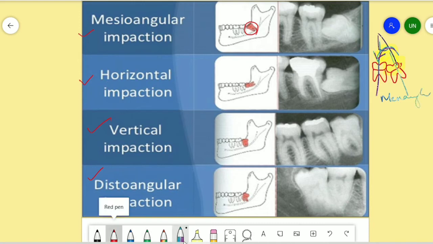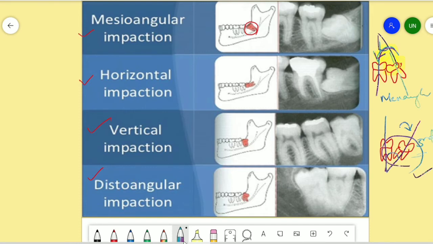Same thing: this is the second molar and this is your third molar. This is the long axis of the second molar and this is the long axis of the third molar. The angulation made by the distal tilt of the crown of the third molar is the distoangular impaction.